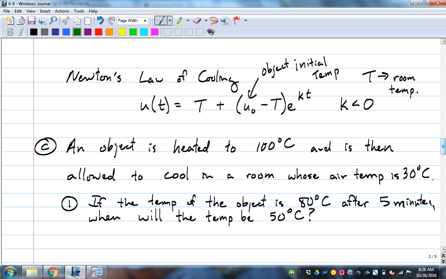Trevor's can there cools at a different rate than a water bottle does, because it's made of different material. So that k changes depending on what material the object is. Human body is different than plastic pill bottle. Makes sense. So what we need to do first, before we can approach this problem, is find that k value as best we can. So let's start doing that.